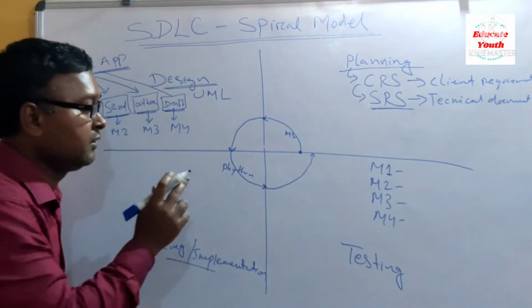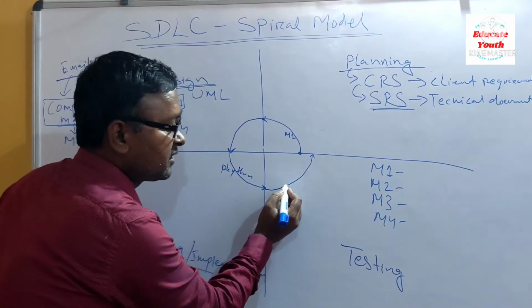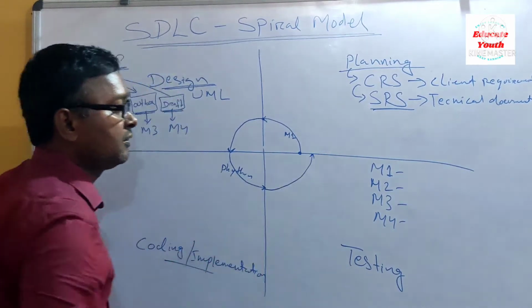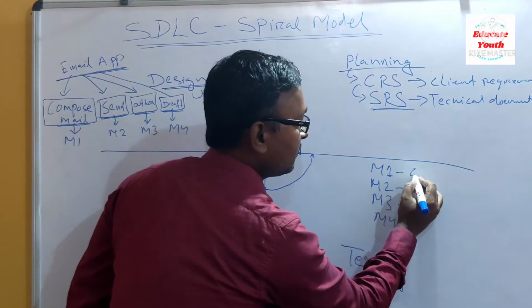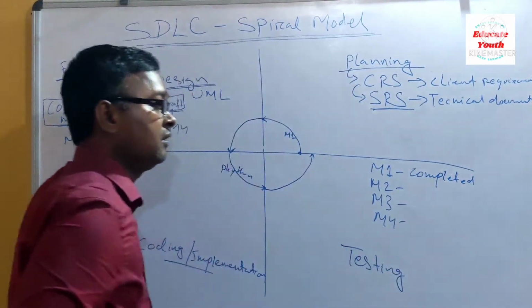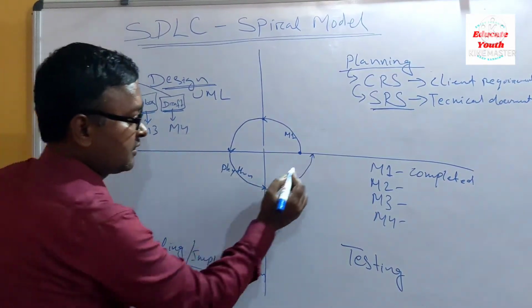For example, you are doing the unit testing. Your testing activity is completed here. Testing of M1 is completed. Module 1 is ready.